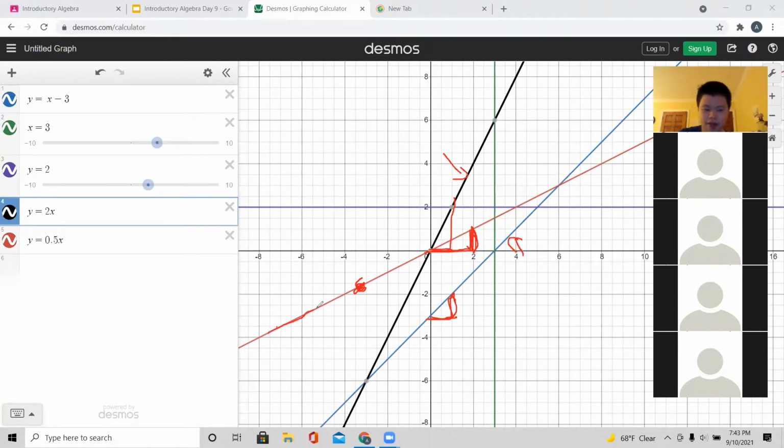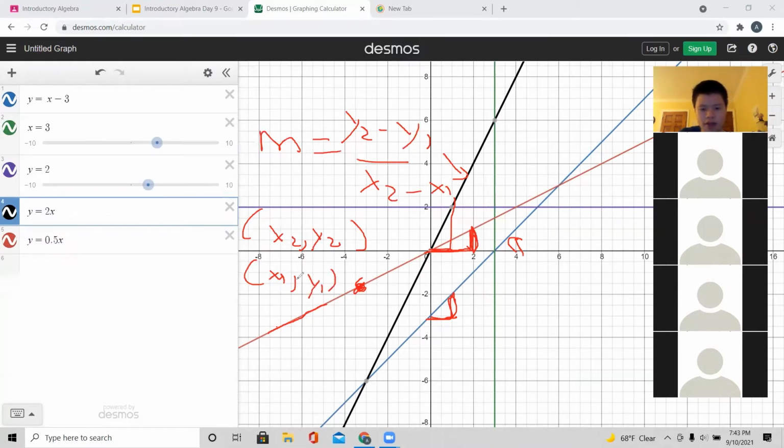It's a measure of how steep a line is. A formula for this would be m, which is what we use for slope most of the time: y2 minus y1 over x2 minus x1, where x2, y2 and x1, y1 are points on a line.